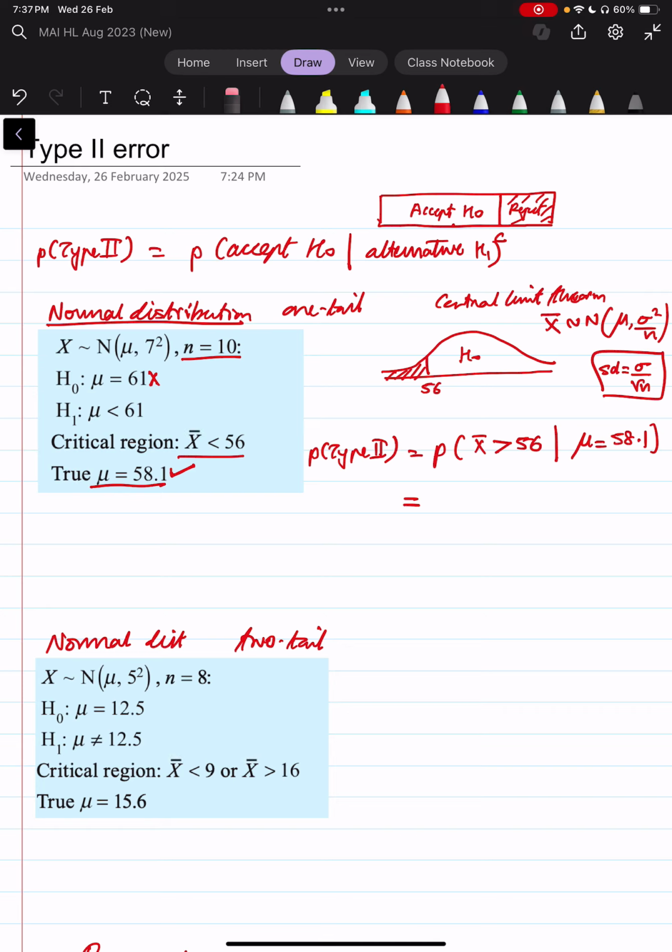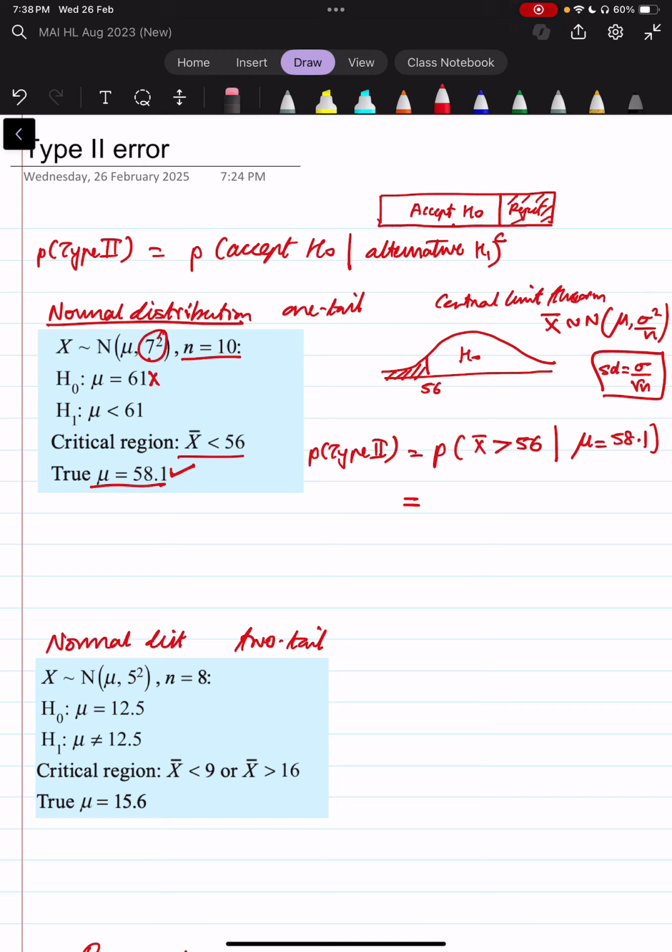So what you need to do is go to distribution, normal distribution, NCD, lower 56. Remember, it's a continuous distribution, so I don't have to take 57; for binomial and Poisson, you have to do that. Upper is 10 to the power 10. Your variance is 7 squared, so the standard deviation is 7 divided by root n.